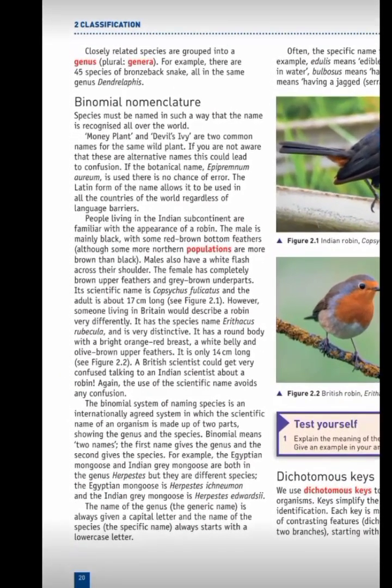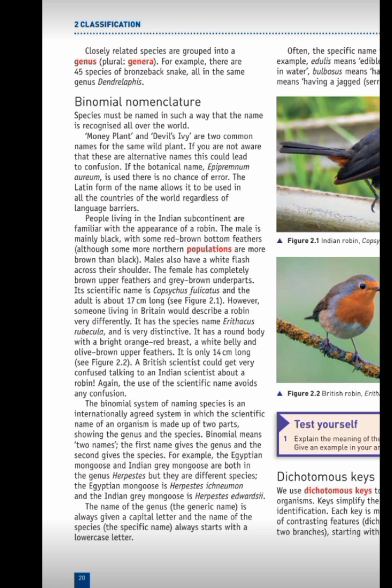Next is about genus. Closely related species are grouped into a genus. The plural of genus is genera. For example, there are many species of bronze back snakes. All of them belong to the same genus, Dendrelaphis. This means a genus contains more than one species that are very similar.